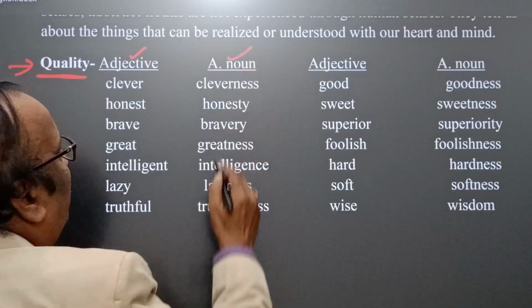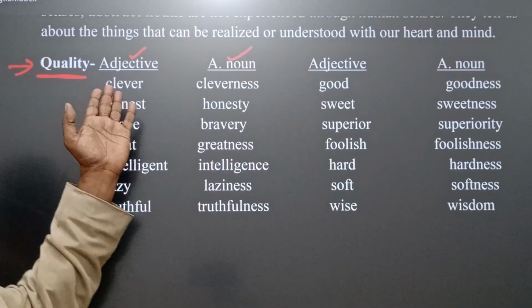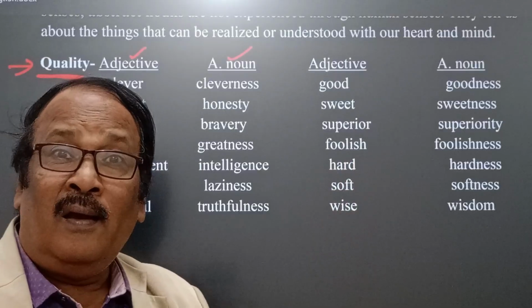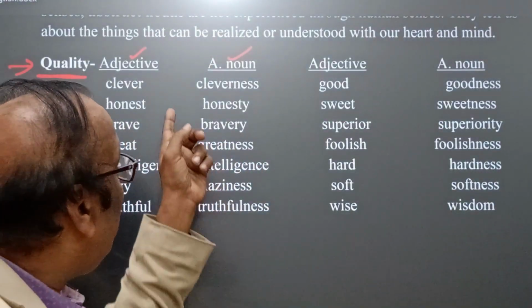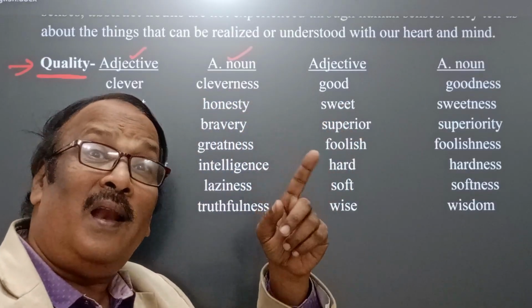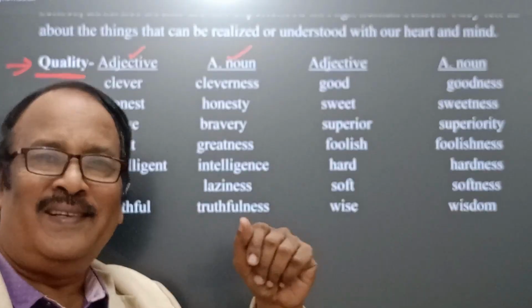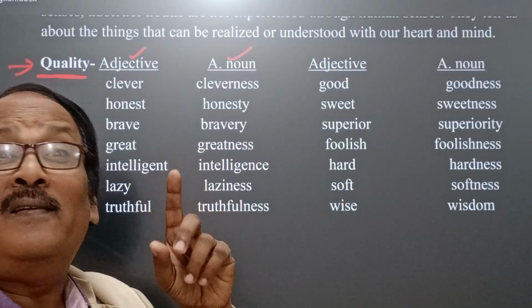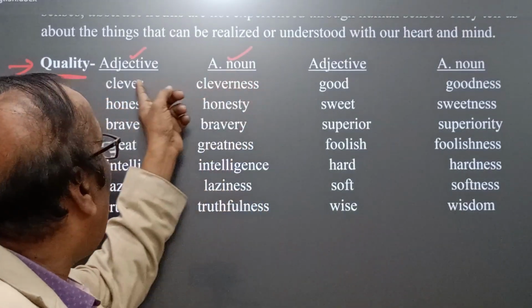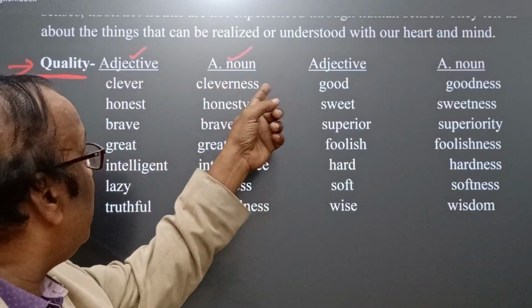Clever is adjective. Clever person, okay, clever is adjective, but cleverness, I like his cleverness. Here we find that cleverness is the quality of the person.